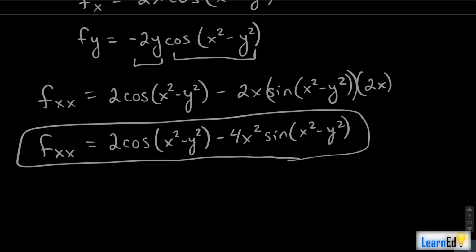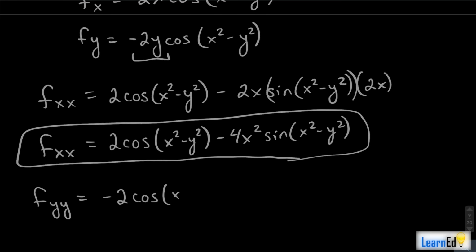Now for the second partial derivative with respect to y, we take another partial with respect to y of fy. Let's keep the consistency here. We'll take the derivative of negative 2y first, and we get negative 2 times cosine of x squared minus y squared.